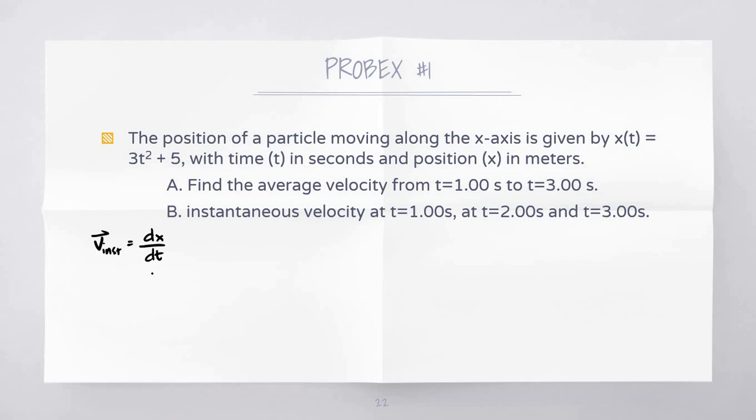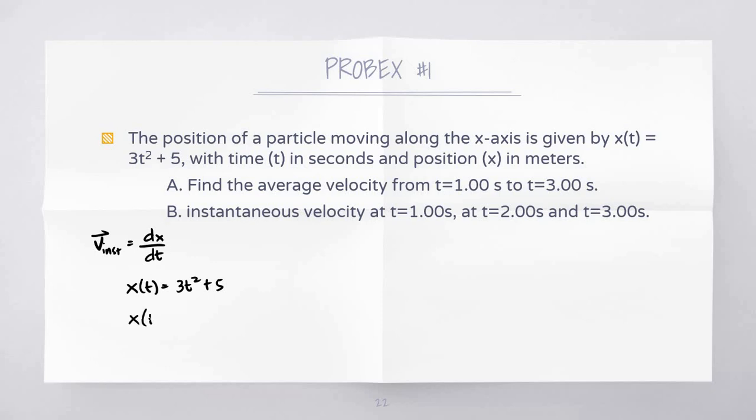So let's first get the original function given to us. The function is x of t is equal to 3t squared plus 5. So try to get the first derivative of this function.